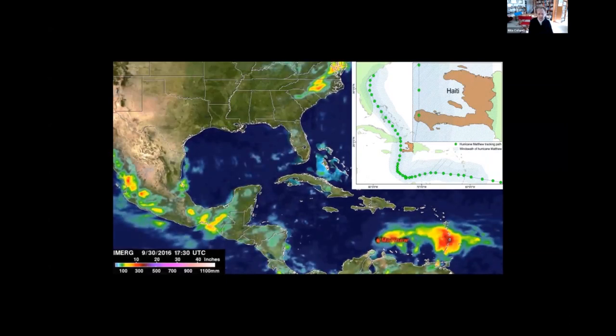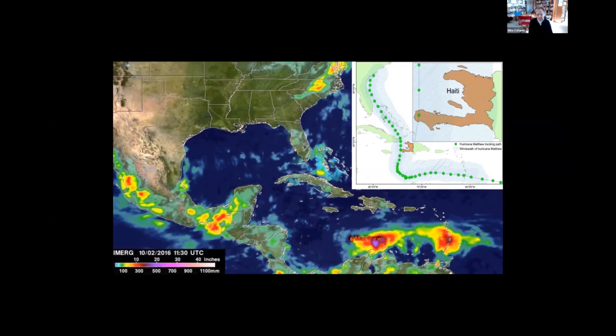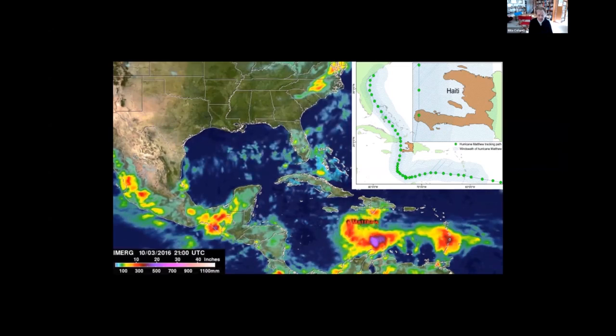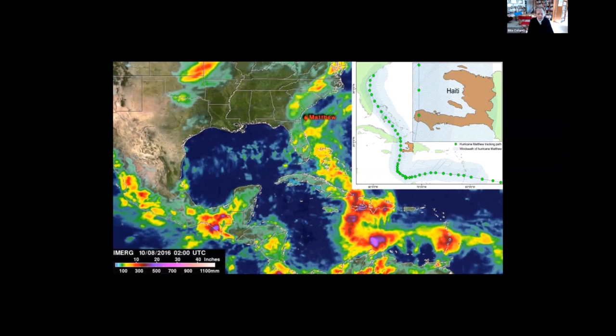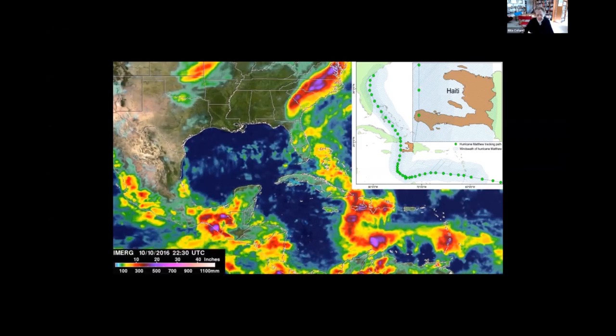Shown here is an analysis that we did of Hurricane Matthew, which traversed Haiti and caused another massive recrudescence of cholera from the 2010 introduction. Well, I'm not so sure it was an introduction, but I'll talk about that in a minute.